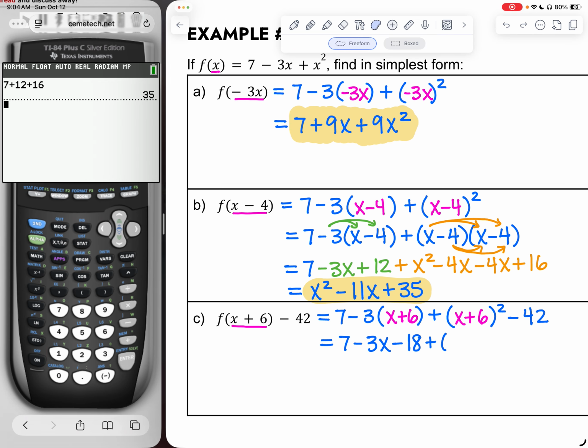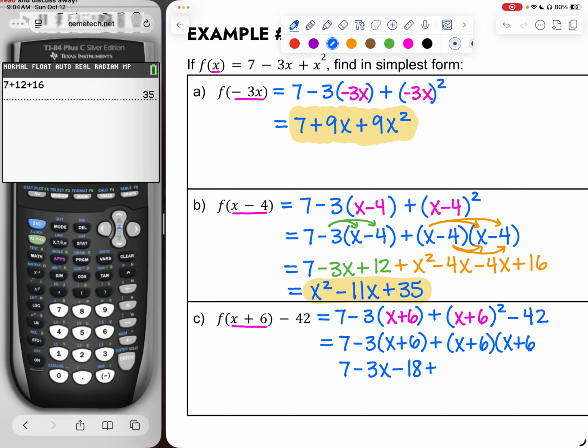Matter of fact, let me bring this step down really quick, because I just don't want any confusion. So what I'm going to do here is I'm going to keep this like this first. Then I'm going to write this out twice. I'm not going to skip that step because I don't want anybody to get confused.